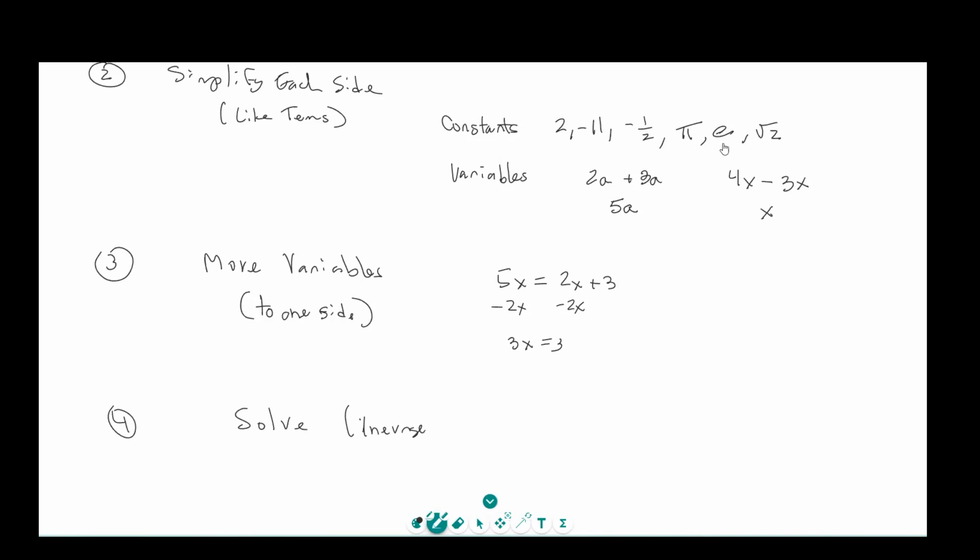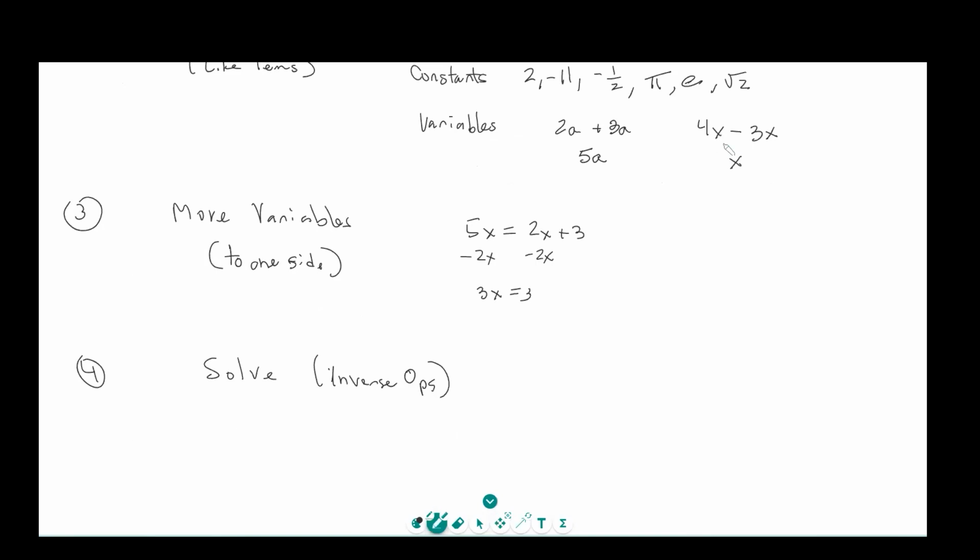This is 3x equals 3. In our inverse operation, we can see that 3 is multiplied by x, 3 times x equals 3. The inverse operation of multiplication is division, so I'm going to divide both sides by 3. If I took 3 x's and divided them into 3 groups, each group would have 1 x, and 3 over 3 is 1.